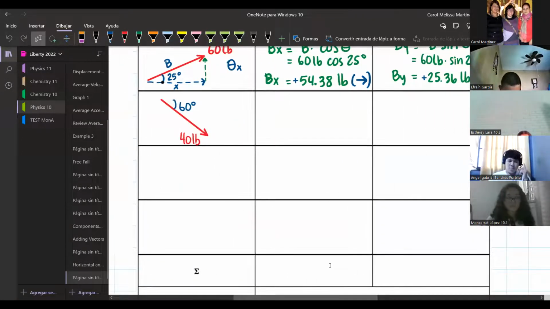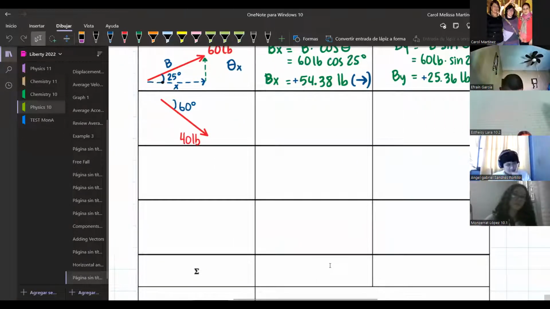So I'm going to continue working here, okay? I will complete my triangle with my x component. This is x, and my y component. This is y. Horizontally, is it going to the right or to the left? Right.